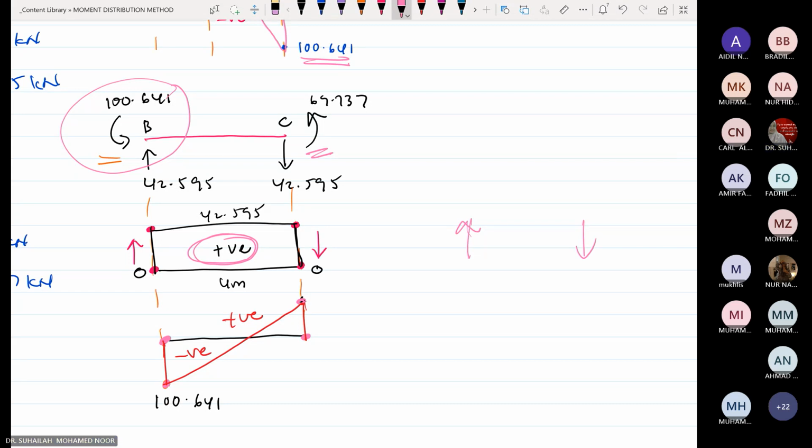Agak-agak dia rotate. Kalau arrow dia macam ni, dia rotate clockwise. Kalau ada satu member kat sini, dia tolak beam ni rotate clockwise or counterclockwise? Clockwise. Dia positif lah.